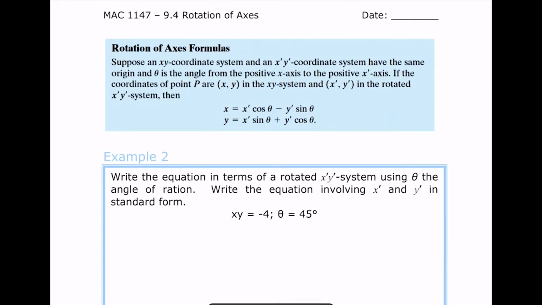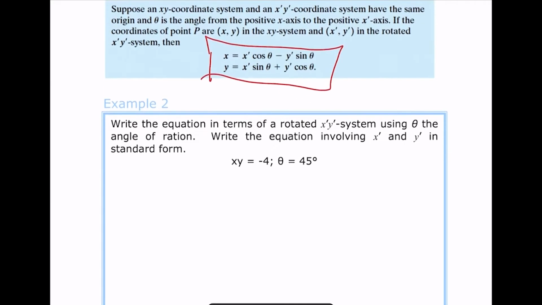After performing that kind of modification using that identity for both the sine and cosine functions, we end up with these formulas, which are the rotation of axes formulas. They're going to help us convert an equation for a conic section on the xy plane to become an equation for a rotated conic on the x prime y prime system.